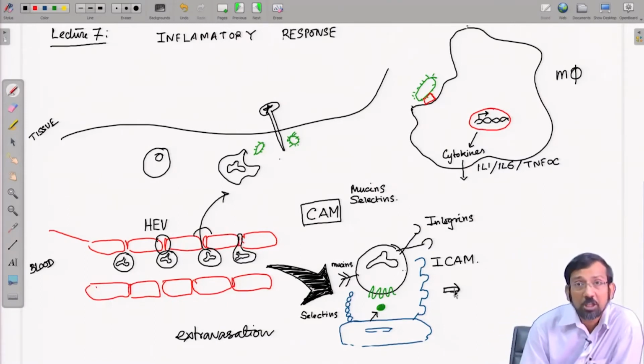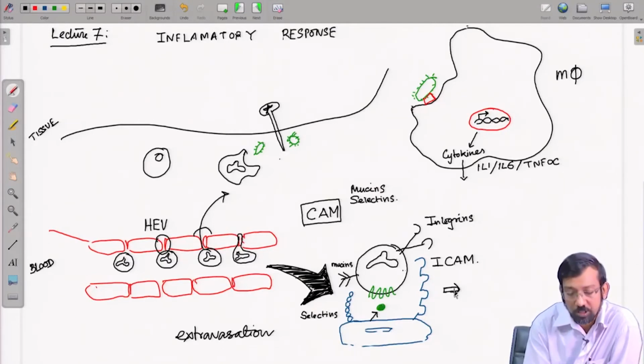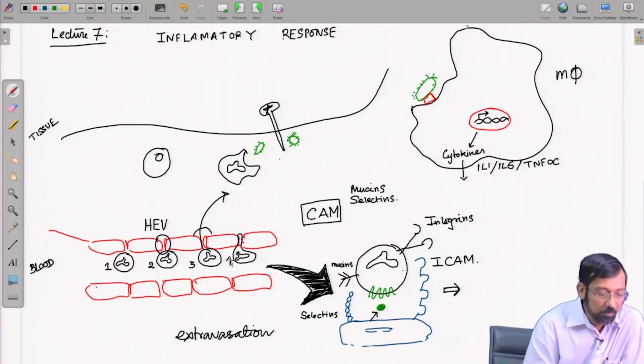This migration of the neutrophils occurs by 4 different steps. If you see here, step 1, step 2, step 3 and step 4.